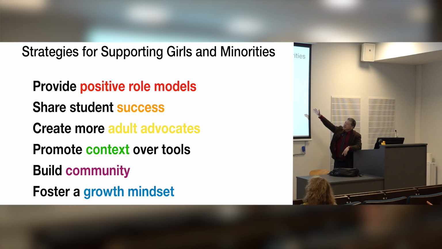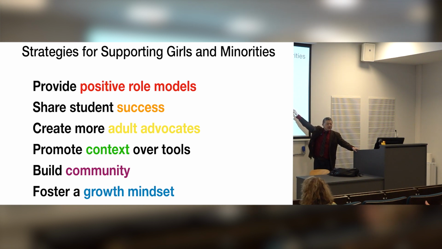So, sharing student successes, showing students who've had success in the class, especially students who look like the students that you want to bring into your class. Creating more adult advocates. What the research shows about building resilience for girls in computer science is that hearing from somebody else that you trust saying, you should try this out, you can do this, I believe in you, has an outsized impact on girls' willingness to stick with something like computer science.